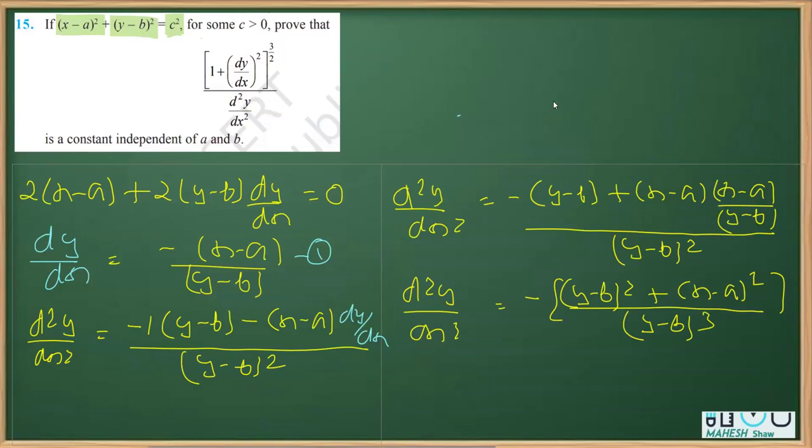Now what you can see here is that I can replace (x minus a) square plus (y minus b) square with c square. So I'm going to replace this with c square.